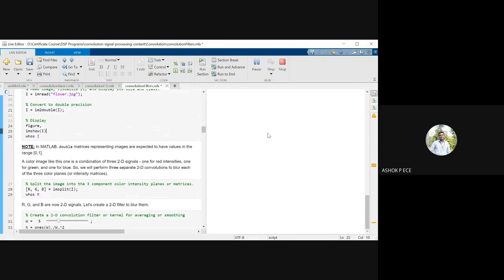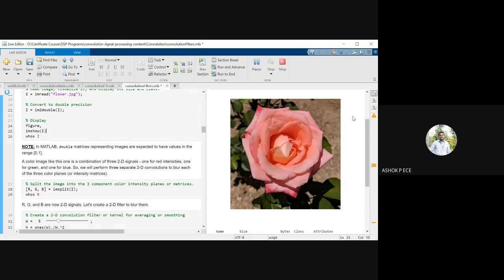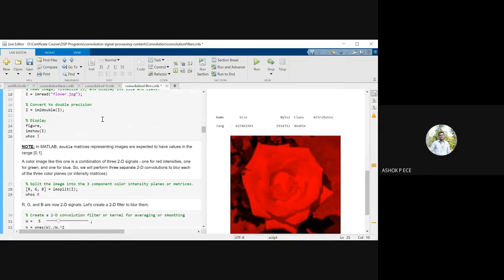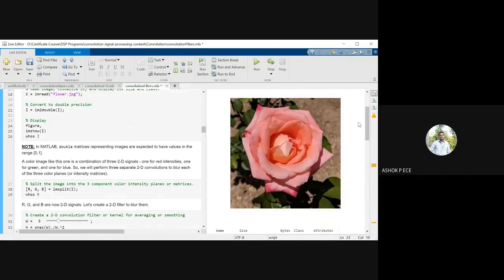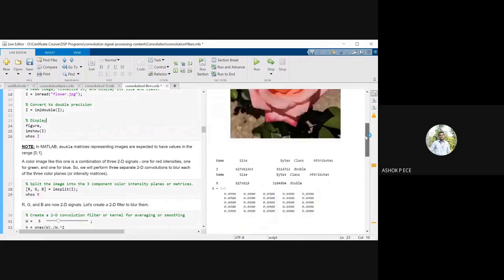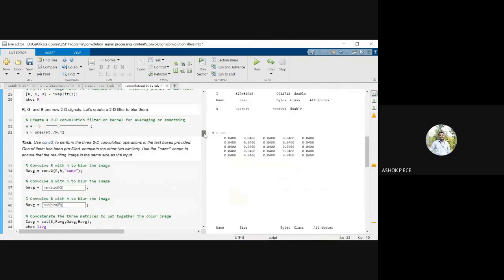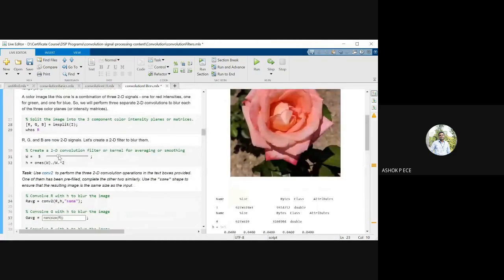I am just running that. See here, I'm taking a rose, a flower.jpg, and you see I have filtered that image using a 2D convolution filter.